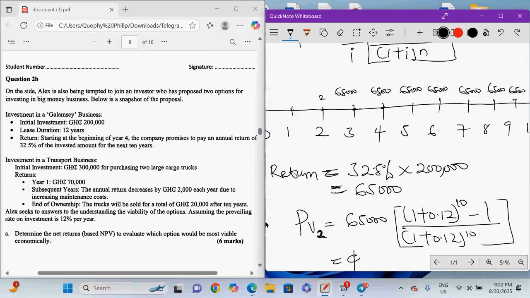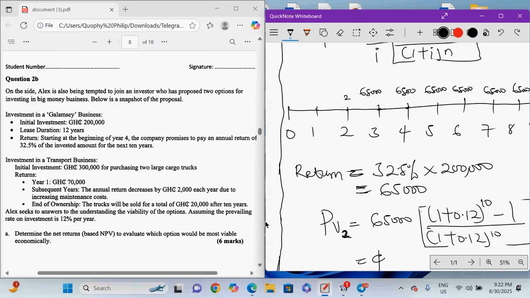We want the present value after year 2. Because it is starting from year 3, we cannot just find the present value of today, P0, because the period is not starting from year 1. If the cash flow is starting from year 1, then we want the present value of today, just P0. But this one, the cash flow is not starting from year 1.